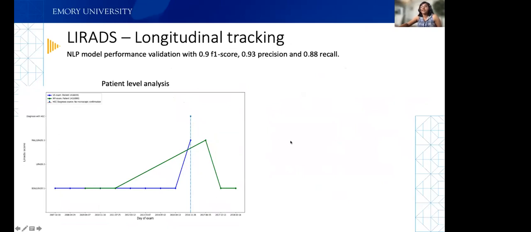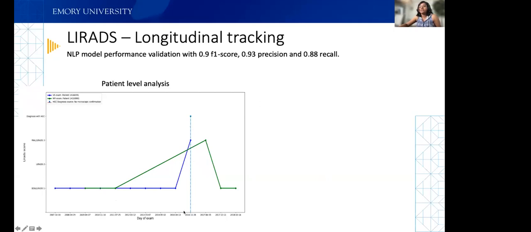For example, first is LI-RADS, where we trained the model again on the structured data, and we propagated the LI-RADS score for all the unstructured data. So we actually did it to generate a large annotated data set for images. But what we see is that the radiologists are also using it to track the patient. For example, this patient started their screening exam in 2007 and continued till 2018.